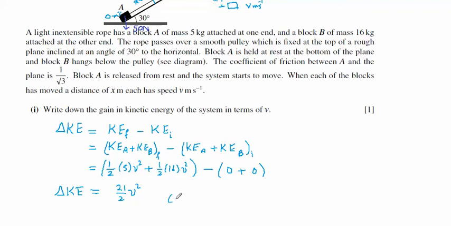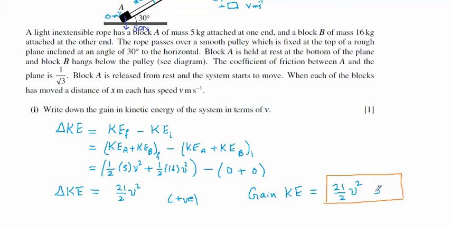Positive means gain. So we can say that the gain in kinetic energy is 21 over 2 v square in terms of v. This is the result of the first part of the question, and the unit is joules.